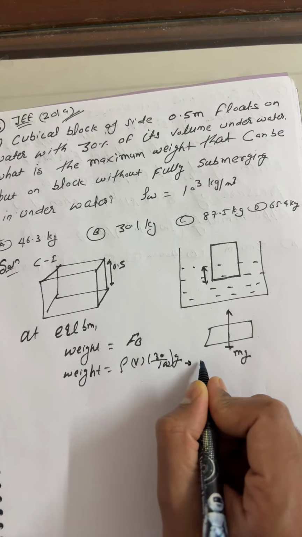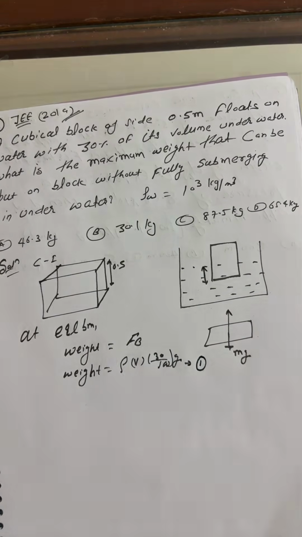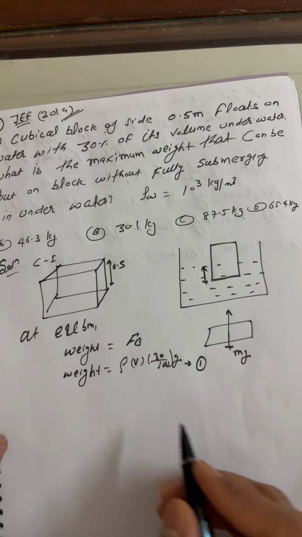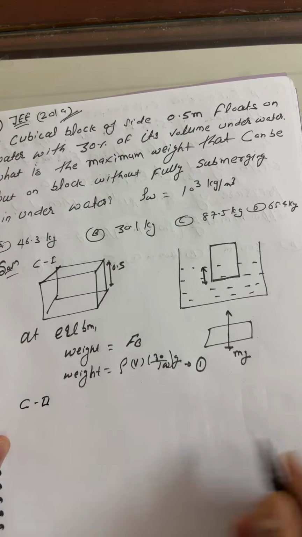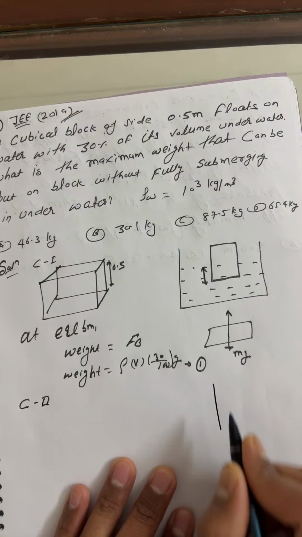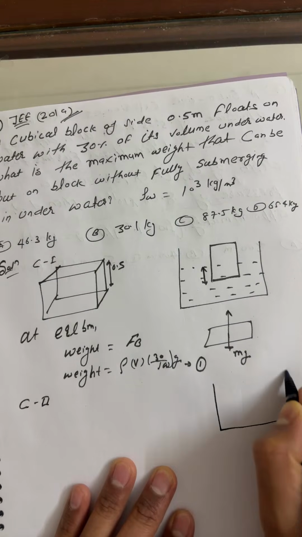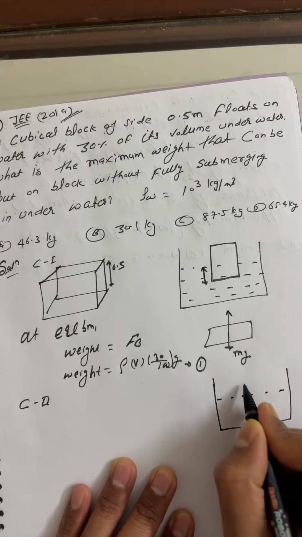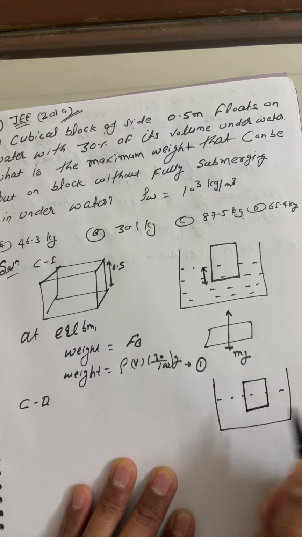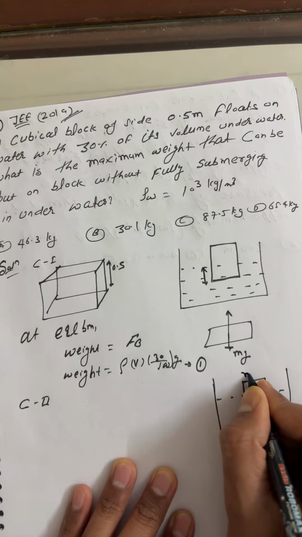This is equation number one. What is the next question? This is case 2. You can say this is the same ice cube or anything, but here you want to put another block on it.